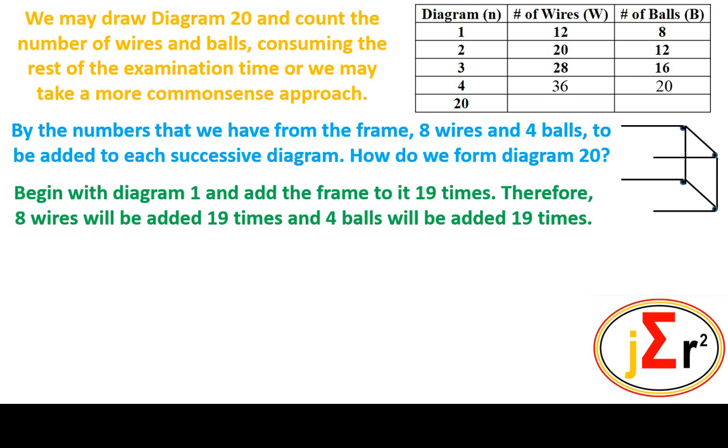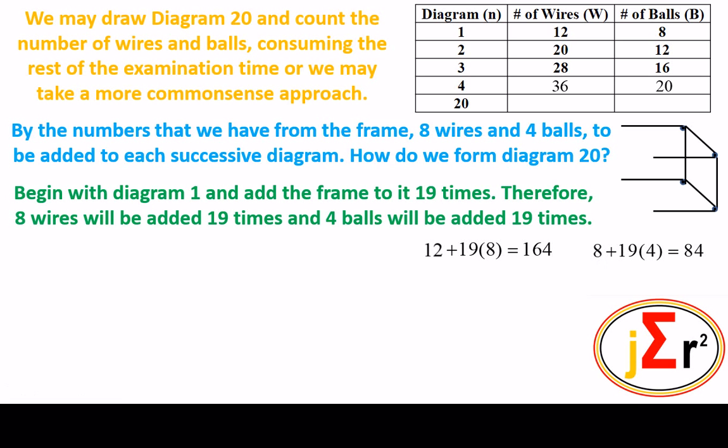Therefore, 8 wires will be added 19 times and 4 balls will be added 19 times. The 12 wires of diagram 1 add 19 times the number of wires, which is 8. The 8 balls of diagram 1 add 19 times the number of balls in the frame, because the frame is going to be added each time.